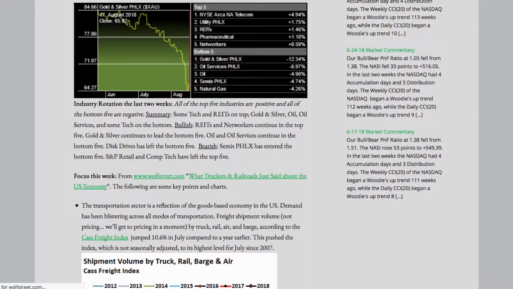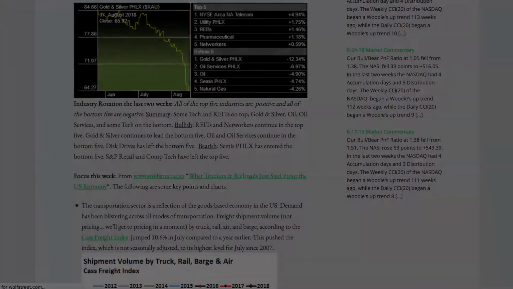Gold and silver continues to lead the bottom 5. Oil and oil services continue in the bottom 5. Disk drives has left the bottom 5. Bearish, semis has entered the bottom 5. S&P retail and comp tech have left the top 5.